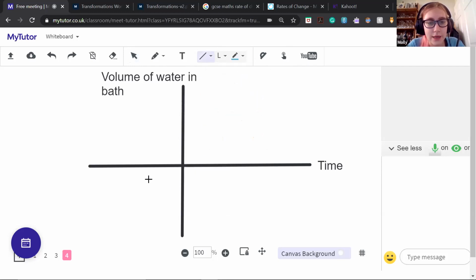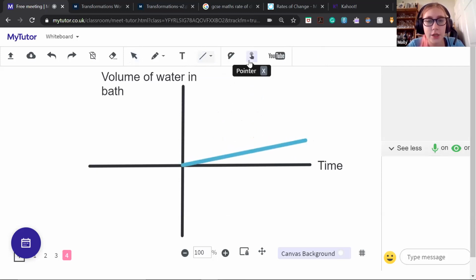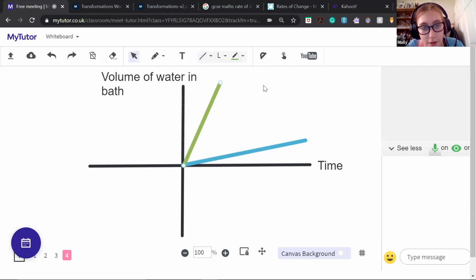So let's just say we've just turned the tap on very slowly here. So for every unit of time, however much that is, a second or a minute, it's filling up a little bit. And this straight line means that it's filling up at a constant rate. However, what if I whack that tap onto full blast, because I'm really desperate for a bath?